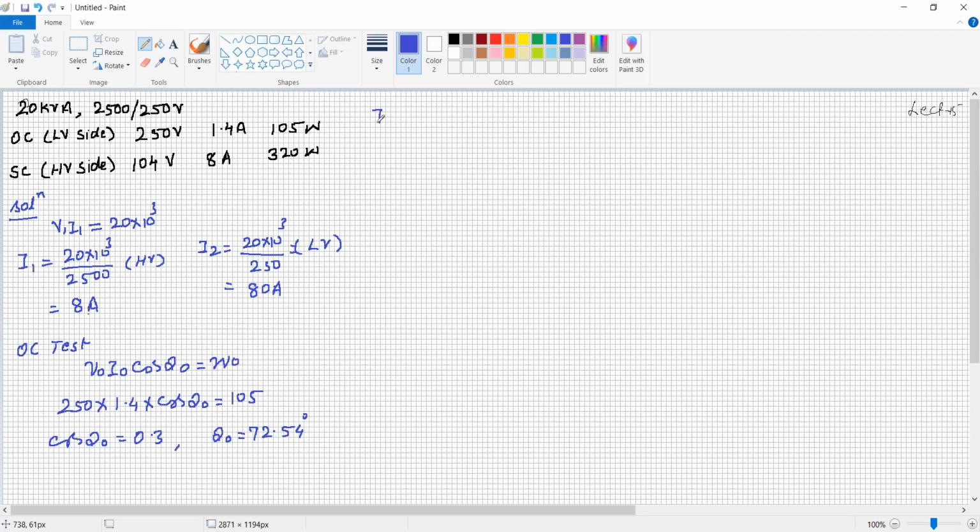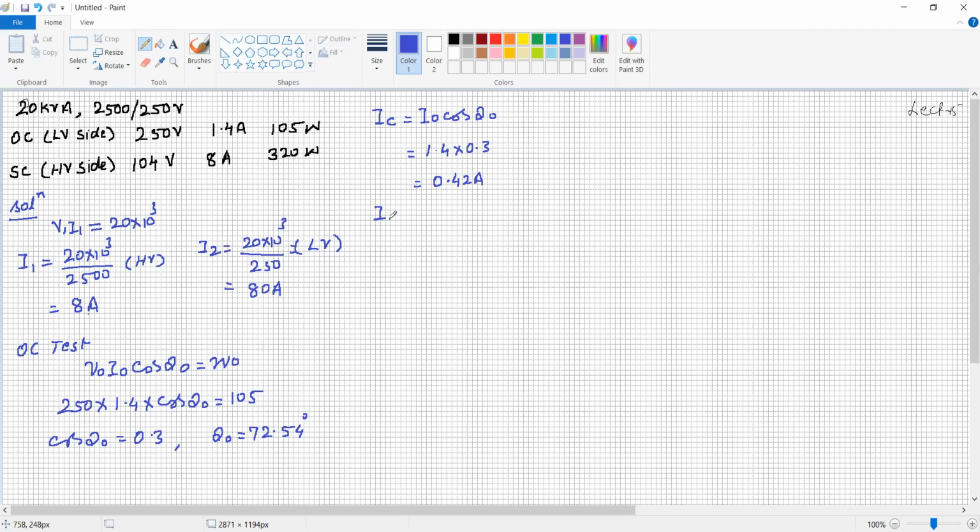Now IC, already we have calculated. IC is equal to I0 cos theta 0, which is equal to 1.4 into 0.3 equals 0.42 ampere.